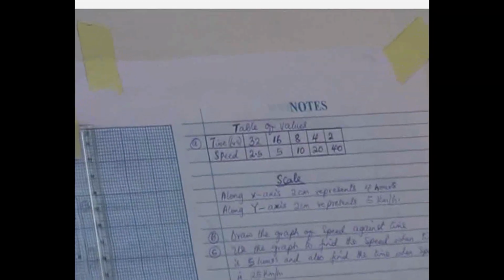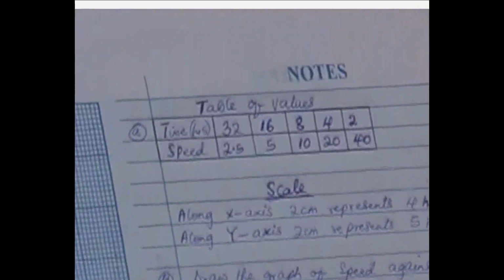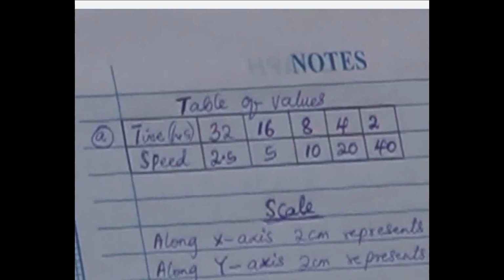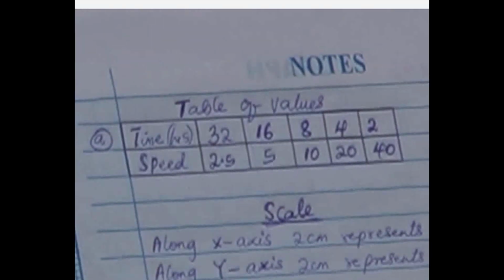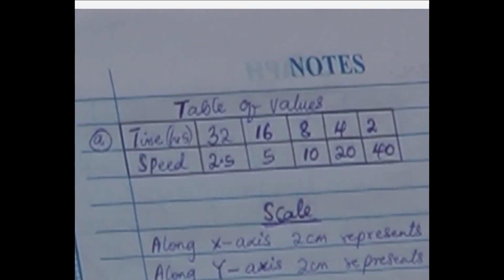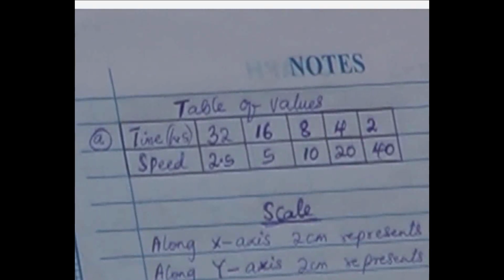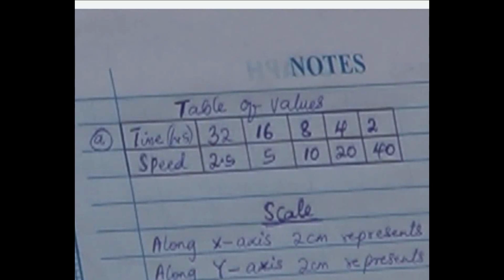That is exactly what I have in this place. You can see it clearly now. That is the table of values that said time in hours: 32, 16, 8, 4, and 2. Then speed: 2.5, 5, 10, 20, and 40.